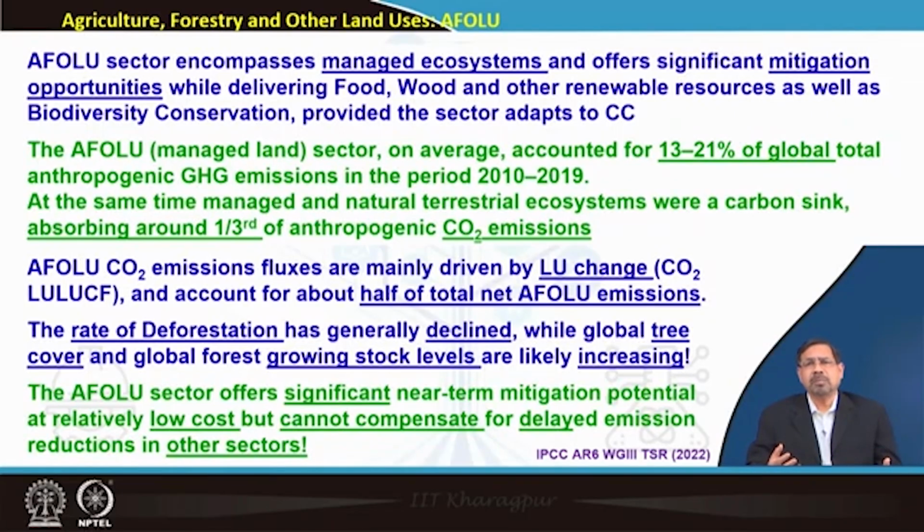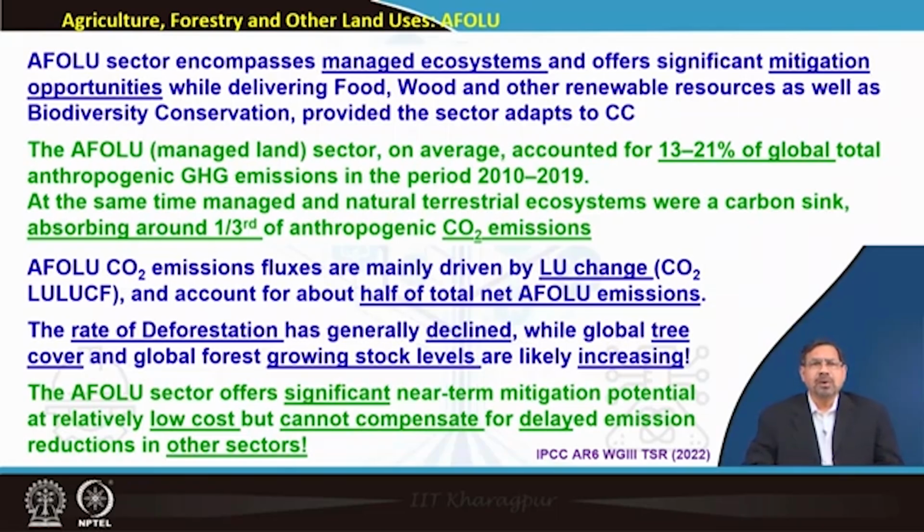If we manage it properly, now that it is contributing 13 to 21%, it has the potential to contribute 1/3, that means up to 33%. So, here we have an opportunity to manage it well, thereby contributing towards climate change mitigation.